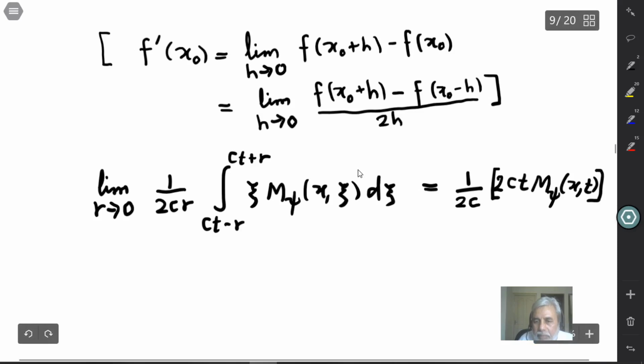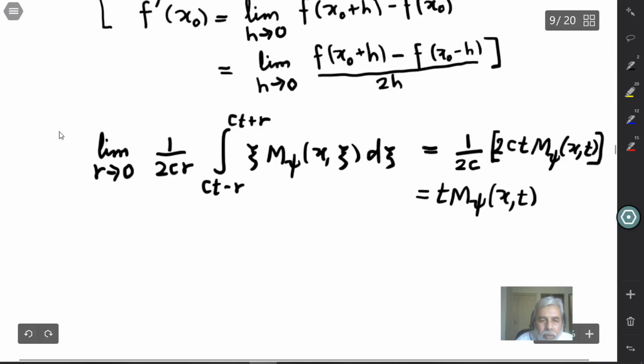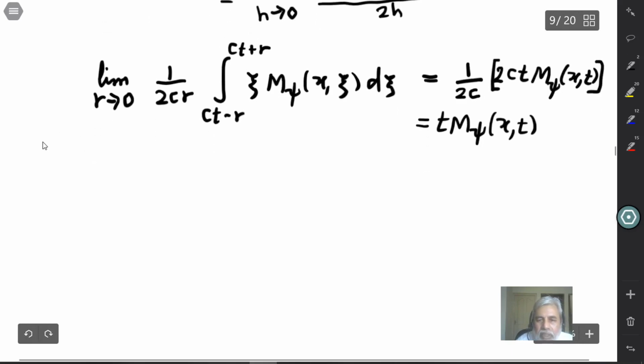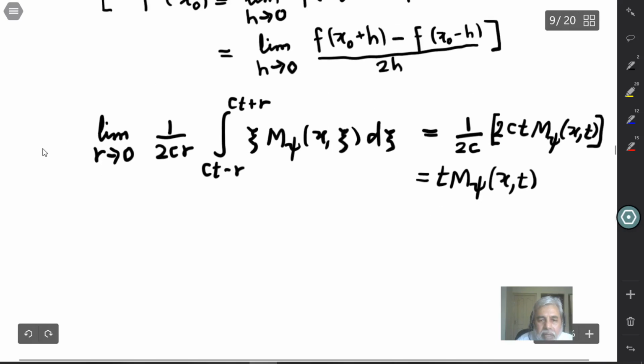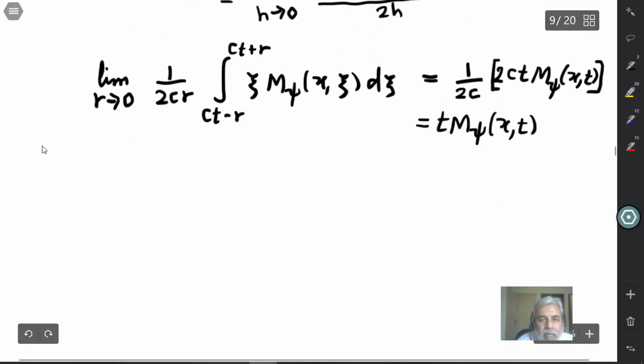And that simply comes to t times M psi at x. As I said, computations are a bit lengthy, but they are straightforward.